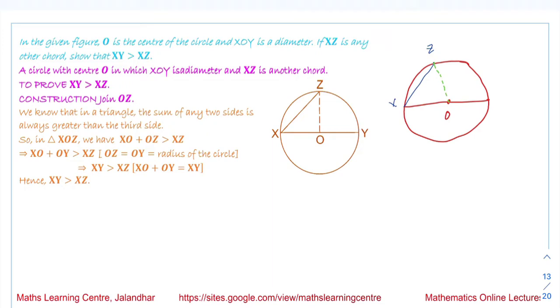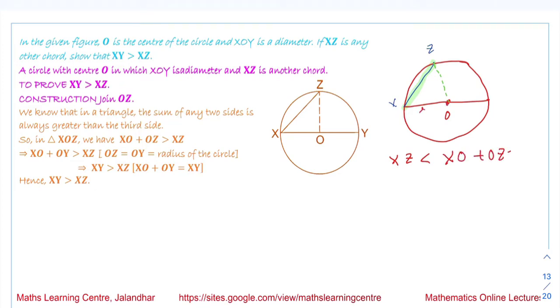Now in this triangle XOZ, we are using the result that the sum of two sides is always greater than the third side. So we are saying XZ is less than XO plus OZ.